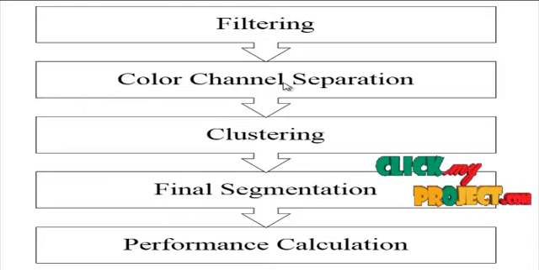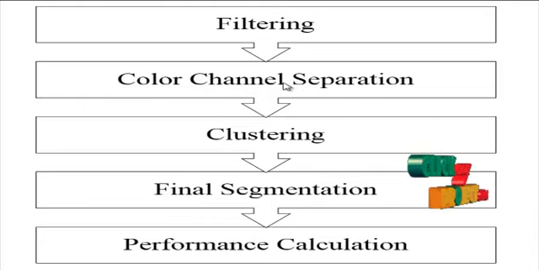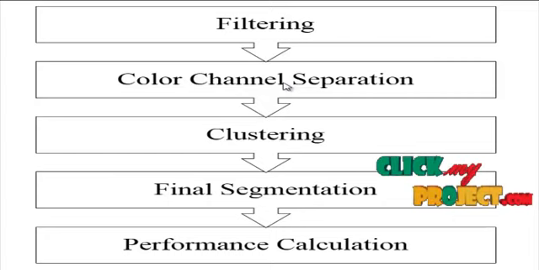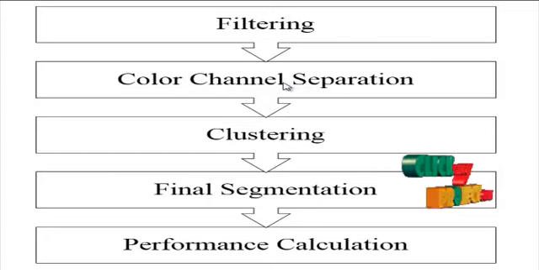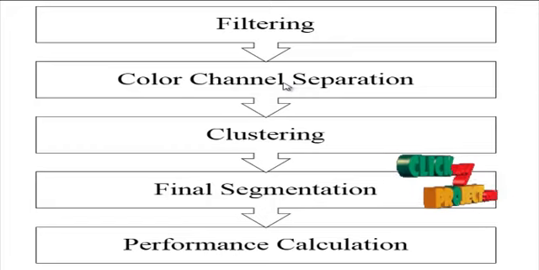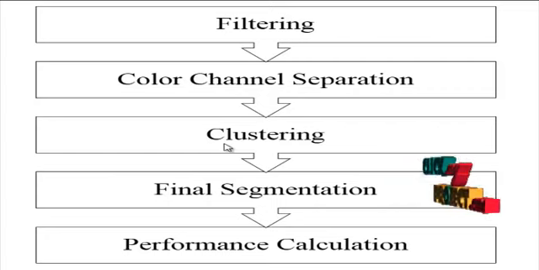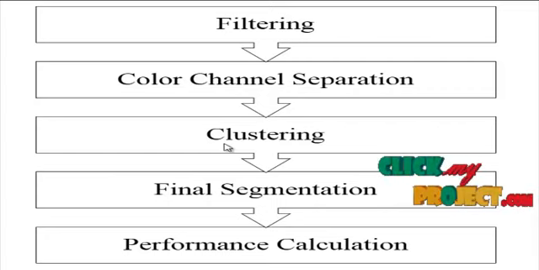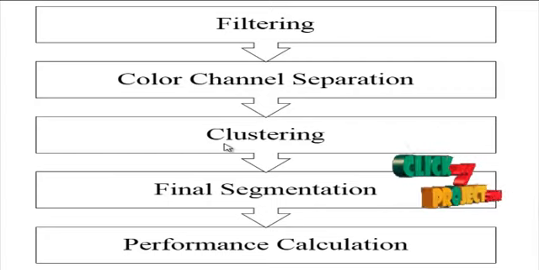After the channel separation, the images will appear like gray images, and in each image the channel information and the intensity ranges were obtained. After that, the clustering process was employed based on rough k-medoid segmentation.